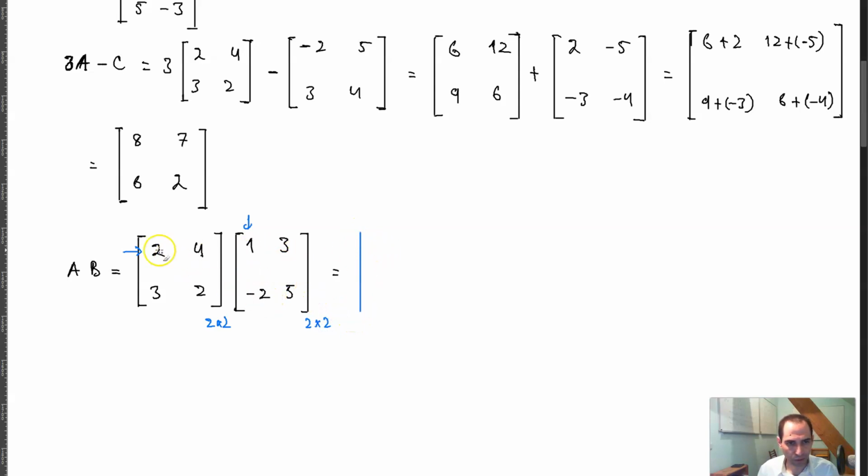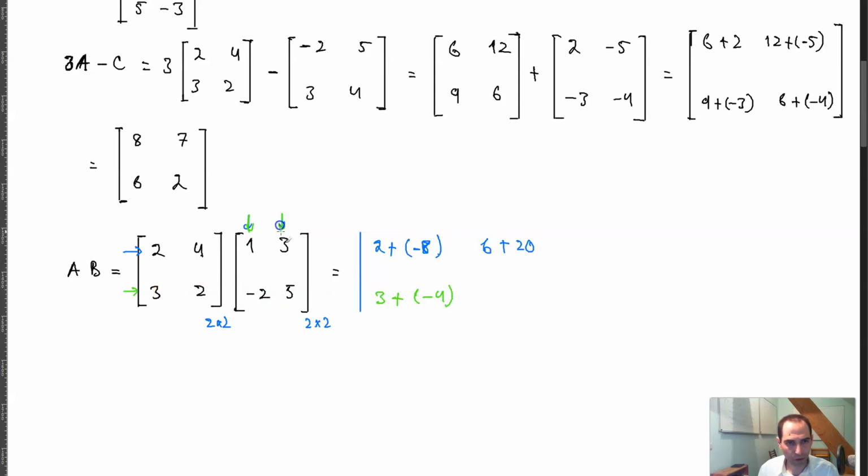So 2 times 1 is equal to 2, and 4 times negative 2 is equal to negative 8. Then going to this column, you get 2 times 3 is equal to 6, 4 times 5 is equal to 20. Then moving to this column, you have 3 times 1 is equal to 3, 2 times negative 2 is equal to negative 4.